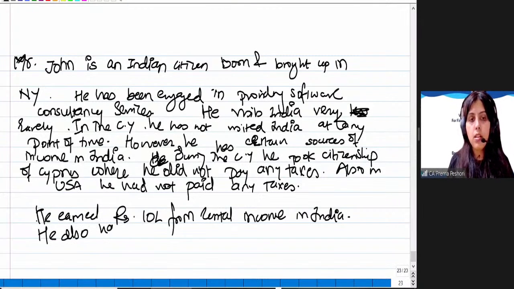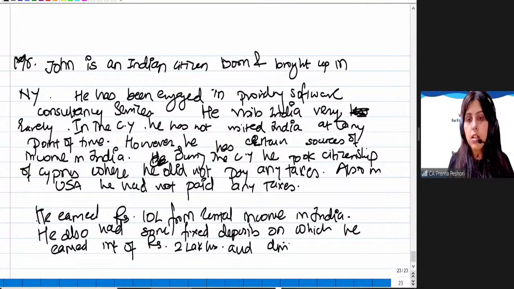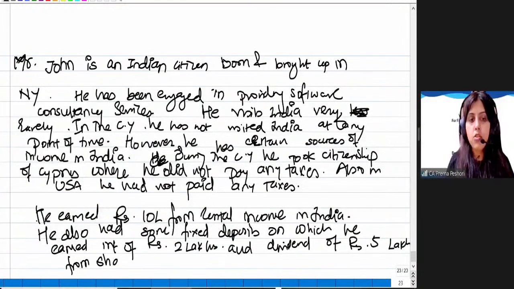He also had some fixed deposits on which he earned interest of rupees 2 lakhs and dividend of rupees 5 lakh from shares of an Indian company.